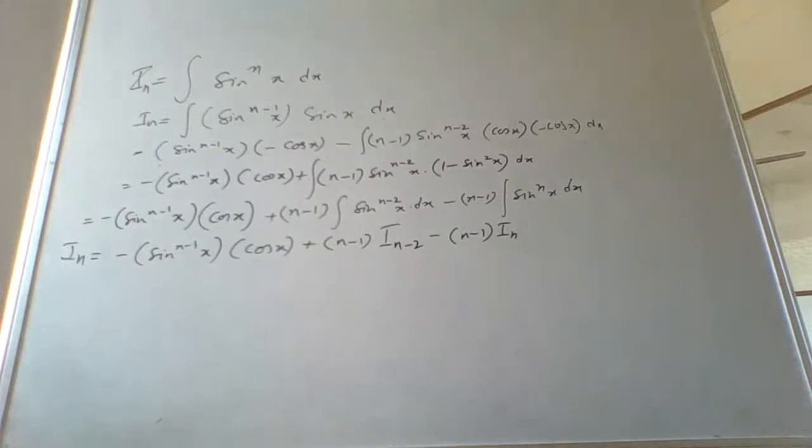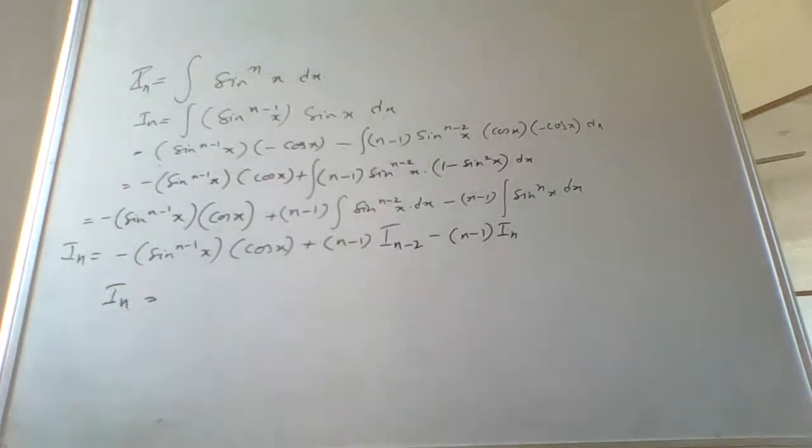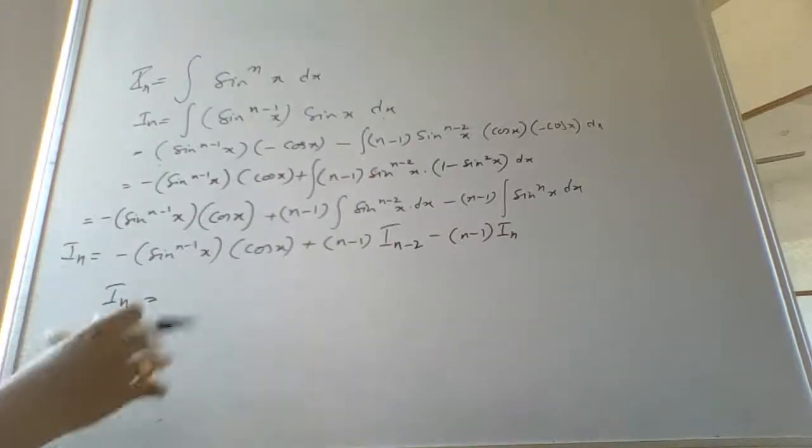Now let us simplify this further. If I take it to the other side, I'll get I n times n minus 1 plus 1, so I'll be having n I n here. In the denominator I'll have n.